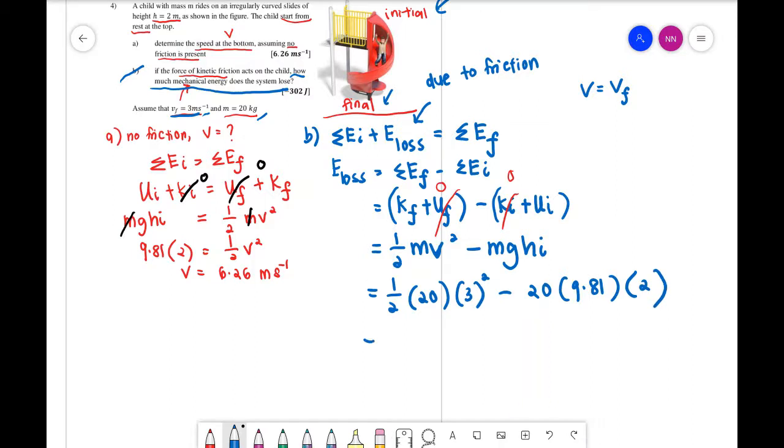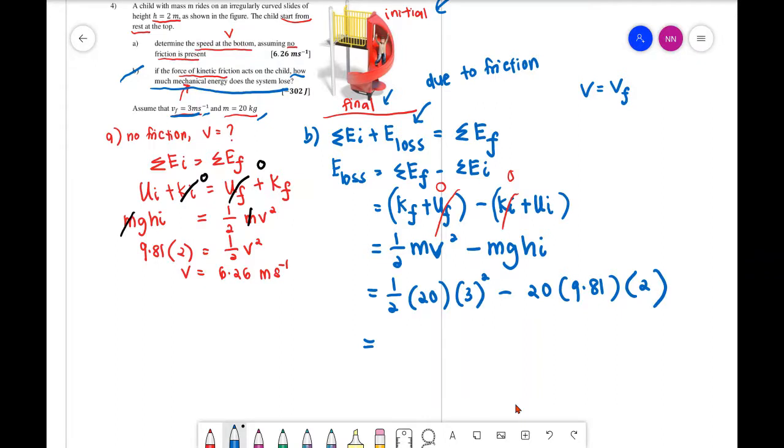So careful yang ini. Make sure kamu dapatkan dulu answer untuk half times 20 times 3 squared. Dapat answer dulu. Then baru minus in bracket 20 times 9.81 times 2.